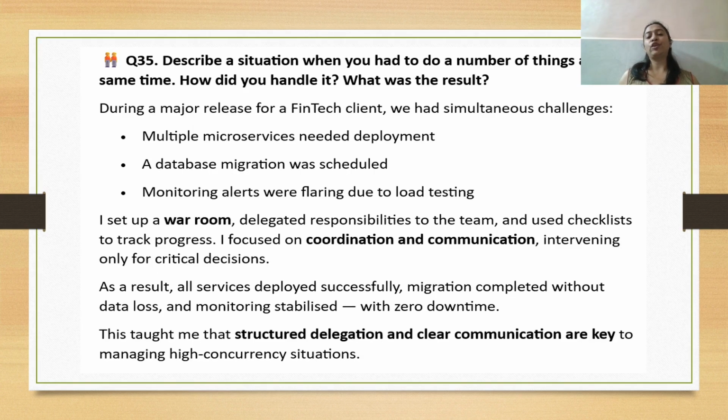question. Describe a situation when you had to do a number of things at the same time. How did you handle it, and what was the result? During a major release for a fintech client, we simultaneously had multiple microservices needing deployment, a database migration scheduled, and monitoring alerts flaring due to load testing. These were simultaneous changes. So I set up a war room, delegated responsibilities to the team, and used a checklist as a task list.